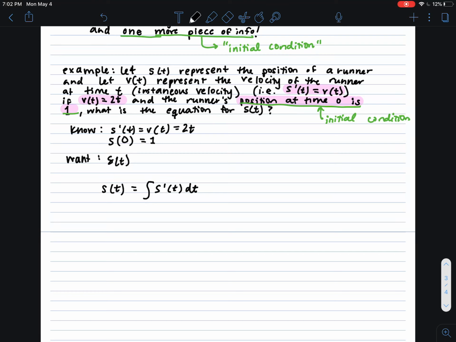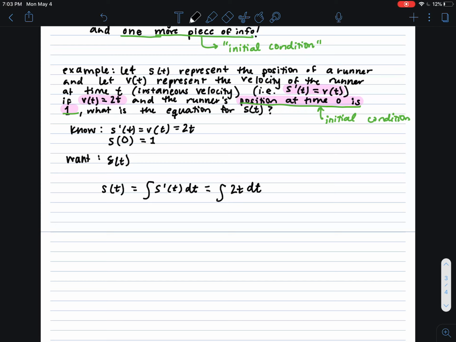We had dx before, now we're talking about functions with the variable t, so instead of writing dx, we just write dt. This is saying the integral of s prime of t with respect to t, which we know is just the integral of 2t with respect to t.